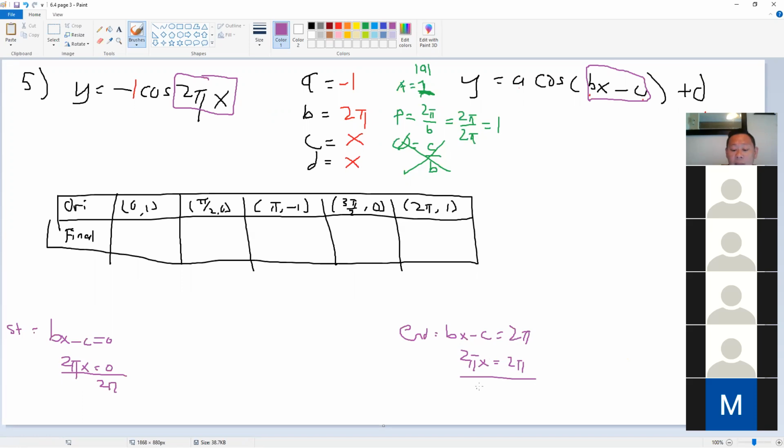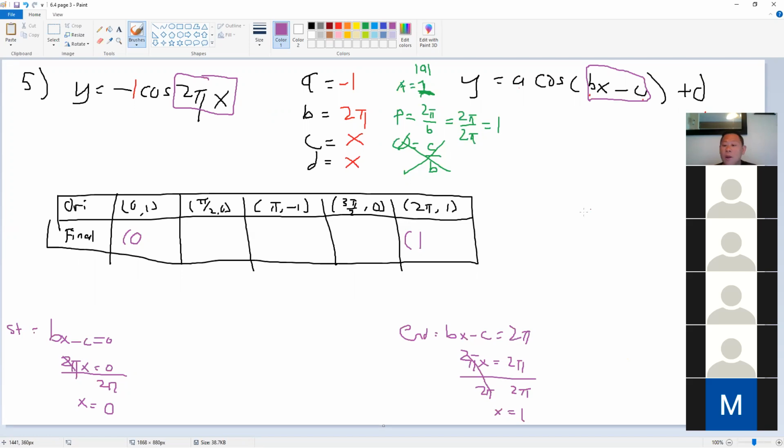So what is my x in this case? X will be 1 on the ending part. And what is 0 divided by 2 pi? 0. So you start at 0 and you end at 1.